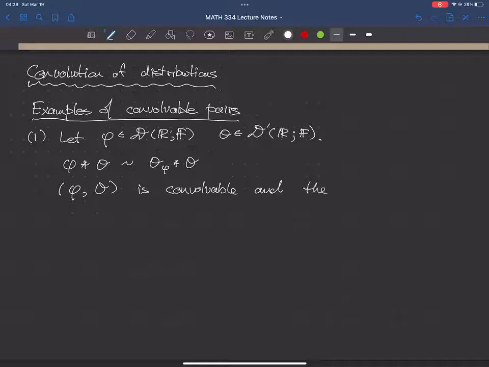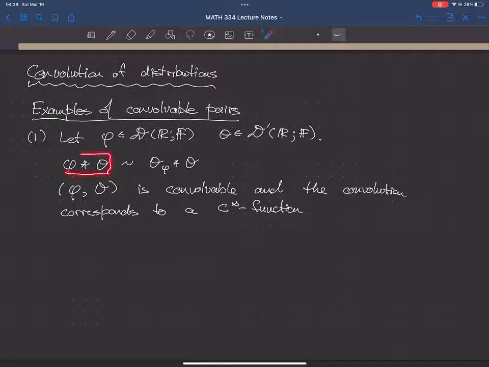the convolution corresponds to a C infinity function. So what I mean by that is that this convolution exists, and as a convolution of distributions, all we know is that it's a distribution.